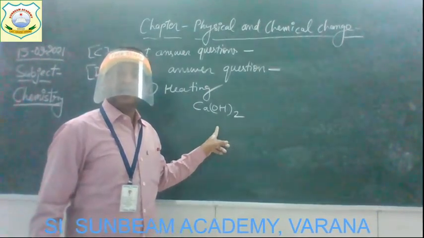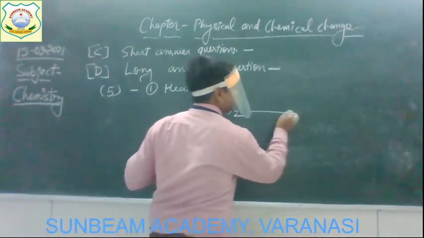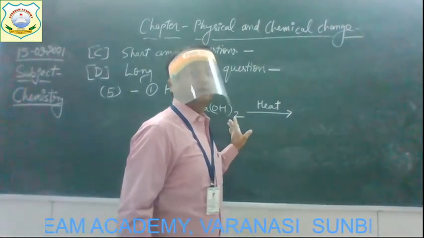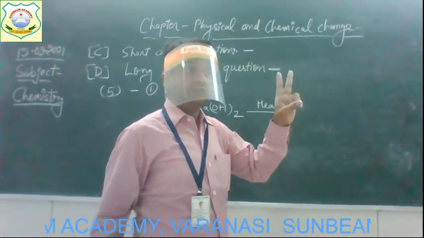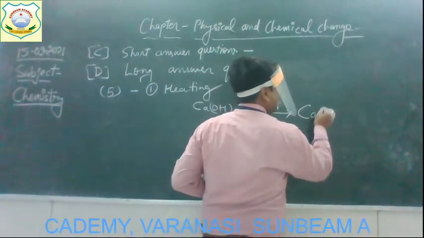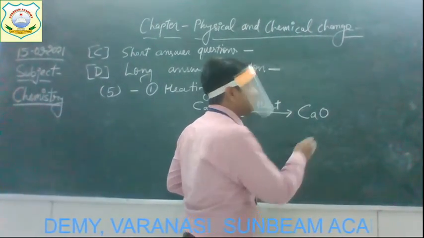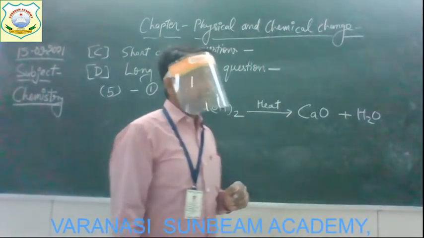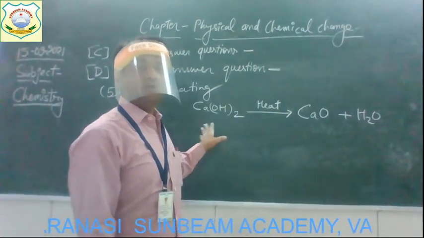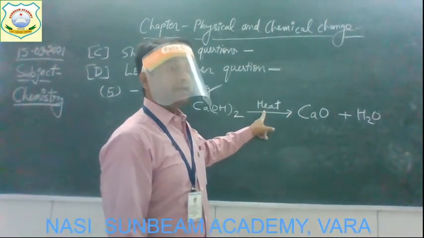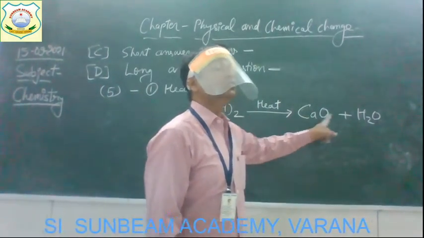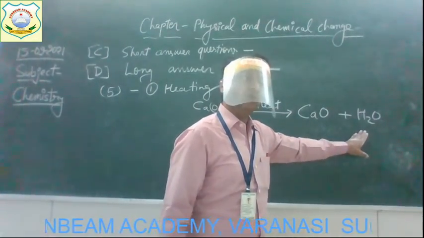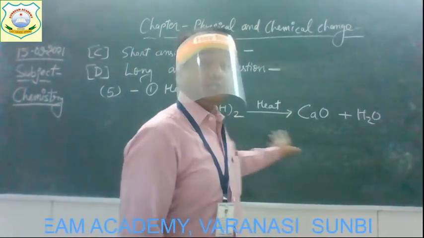Calcium hydroxide when heated will break into two substances, that is calcium oxide plus water. So when calcium hydroxide is heated, it decomposes into two substances, calcium oxide and water.